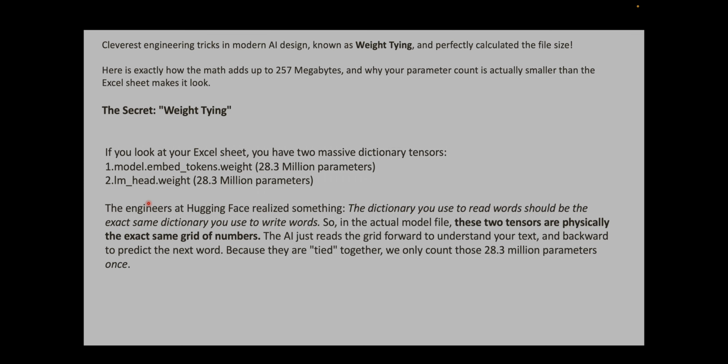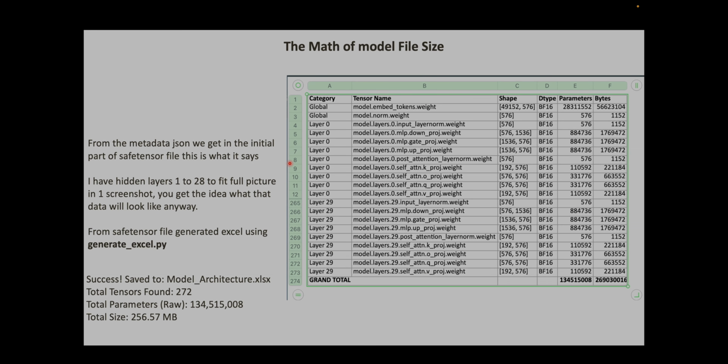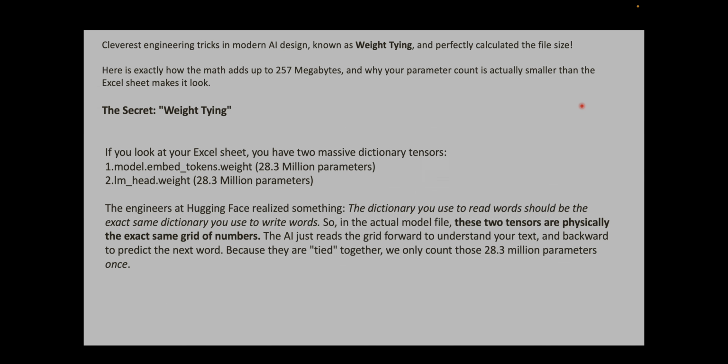All right. The engineers at Hugging Face realized something. It's actually the same dictionary. This is only the global variable that we're talking about, 28.3 million parameters. The dictionary you use to read words should be the exact same dictionary you use to write words. So this 28.3 million parameter dictionary, embed tokens, should be the same dictionary that we use to write words.